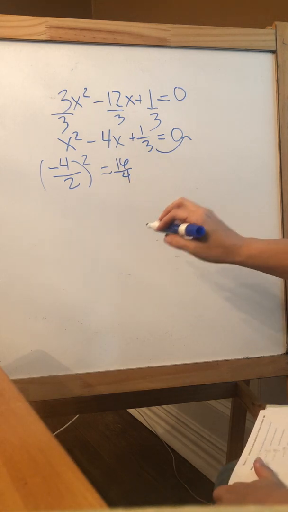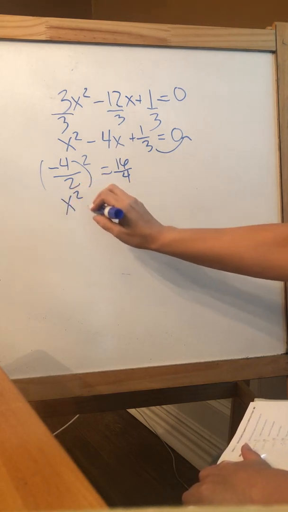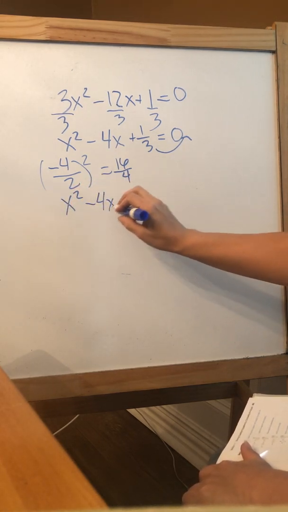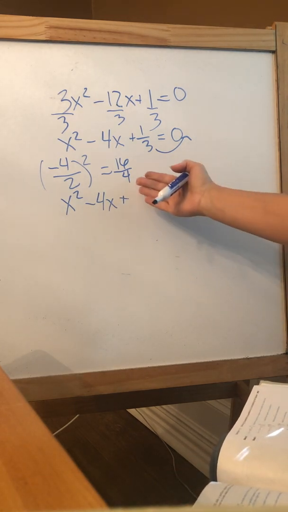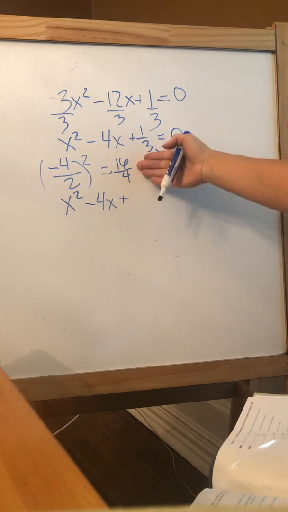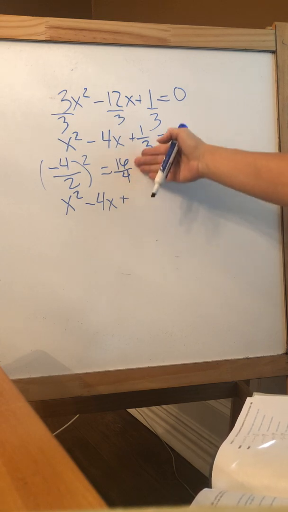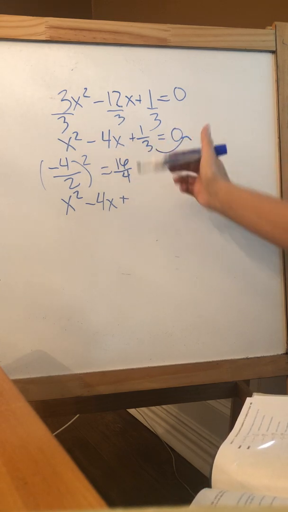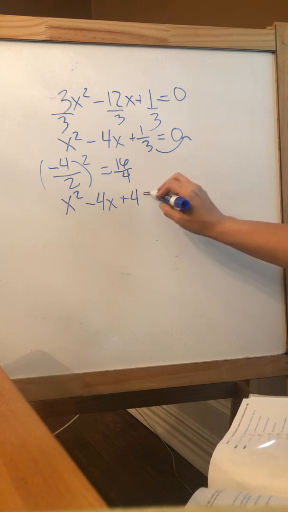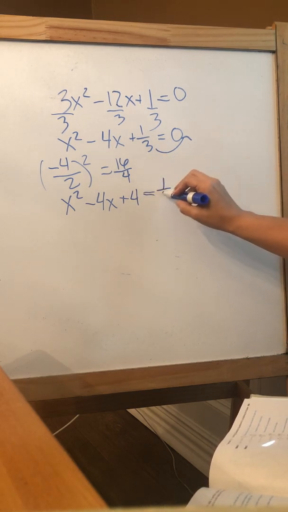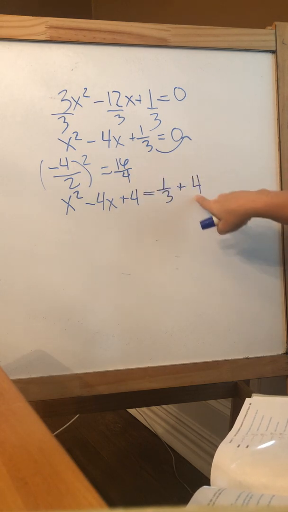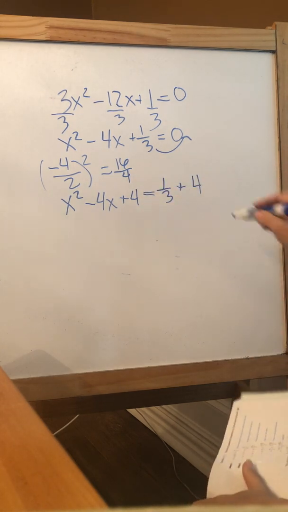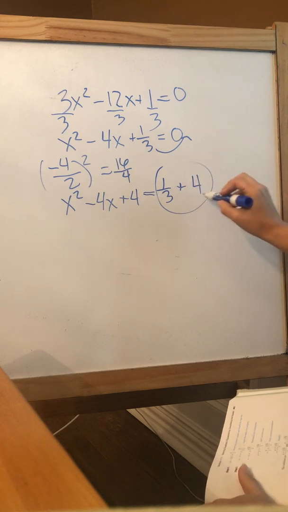All right, so let's rewrite our equation now. So we have x squared minus 4x plus, we have 16 over 4 again, so we can just skip the fraction and write plus 4 equals 1/3 plus 4. You could write 16 over 4 or 4, whatever you want. All right, so let's take care of this.